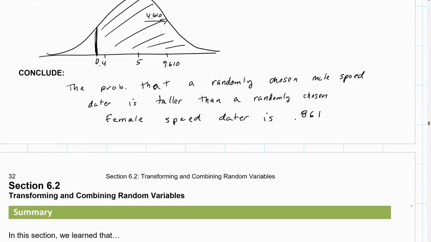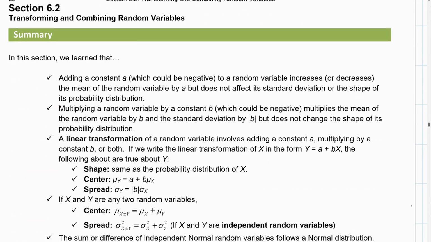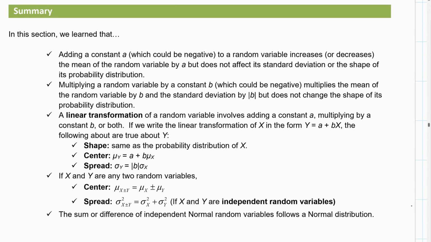All right. And that concludes our 6-2 lecture with these important formulas for combining and transforming random variables.